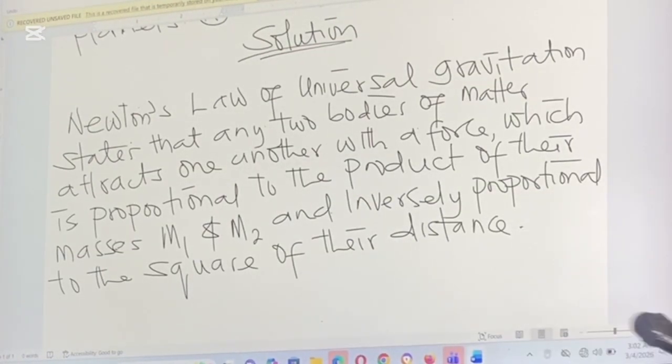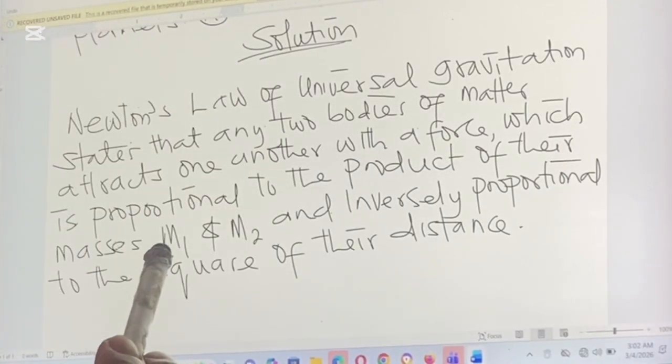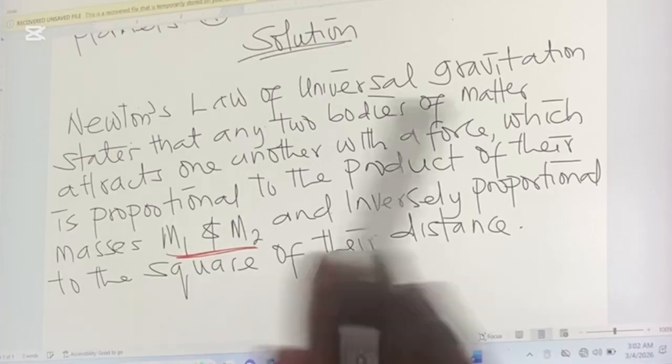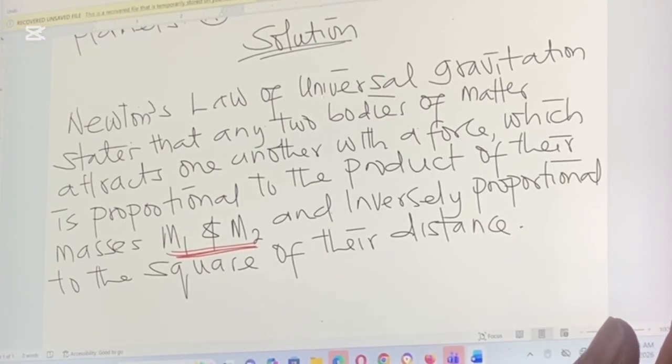Whenever you are asked to find the force between two masses, it might not be m1, m2, depending on what is given to you there. To calculate for that force, we use Newton's universal law of gravitation.